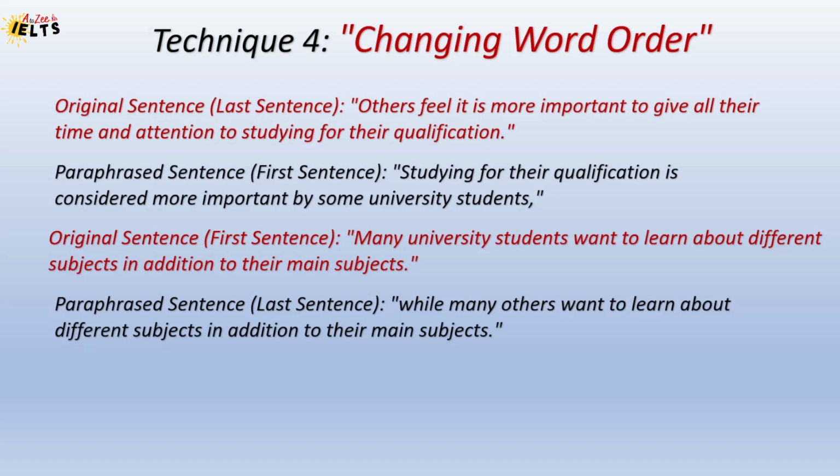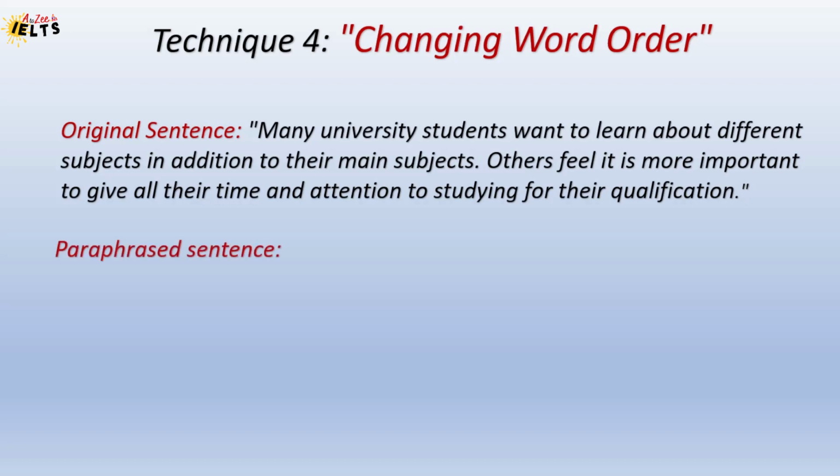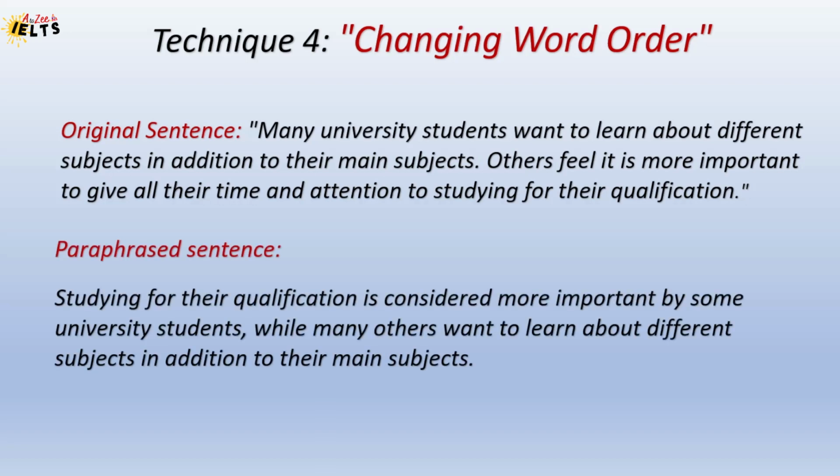So by changing the order and making the last sentence the first, we have shifted the emphasis of the message. The paraphrased sentence now starts with the idea that some students prioritize studying for their qualification, which sets the tone for the subsequent contrast with students interested in diverse subjects. This change in word order creates a different perspective and emphasis while maintaining the core meaning of the original text.